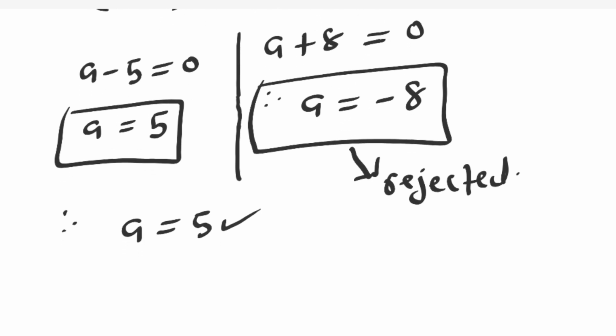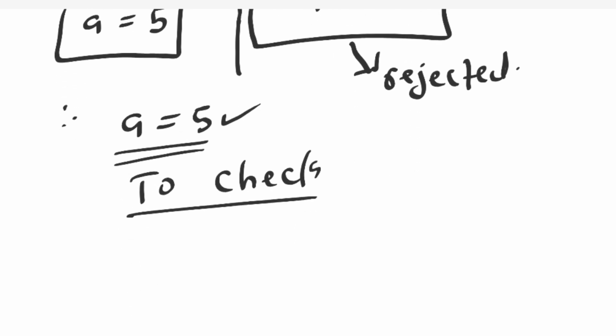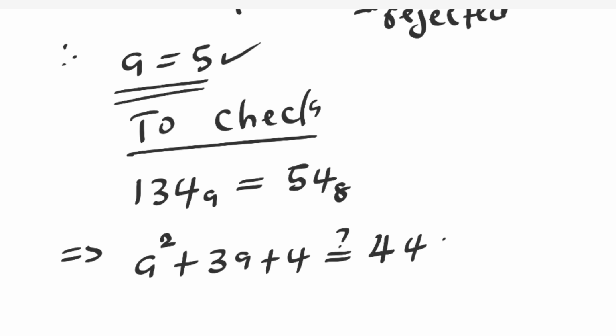This is the answer. We may check to confirm if this answer is real or not. To check, we have the given equation 134 base a is equal to 54 base 8, and this is the same thing as a square plus 3a plus 4 must be equal to 44.